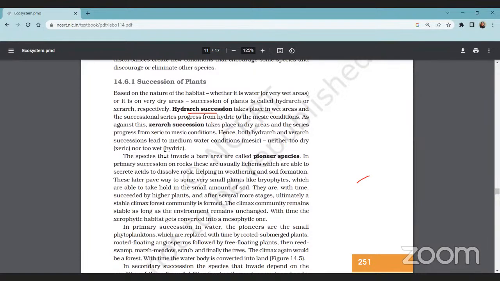The species that invade a bare area are called pioneer species.